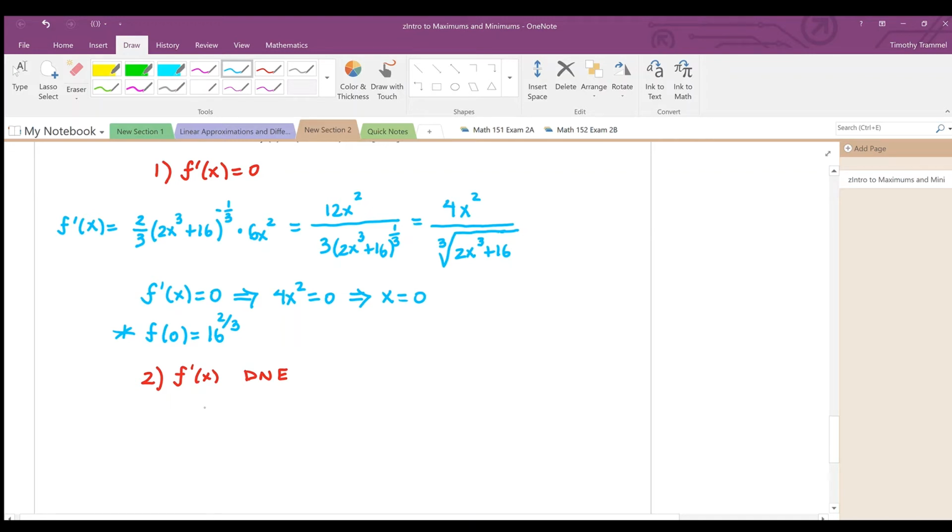So let's go ahead and set the denominator to 0. Well, if this is equal to 0, you know that what's in the cube root must be equal to 0. And if you subtract 16 on each side and then divide by 2, you get x cubed is equal to -8, which leaves us with x is equal to -2.